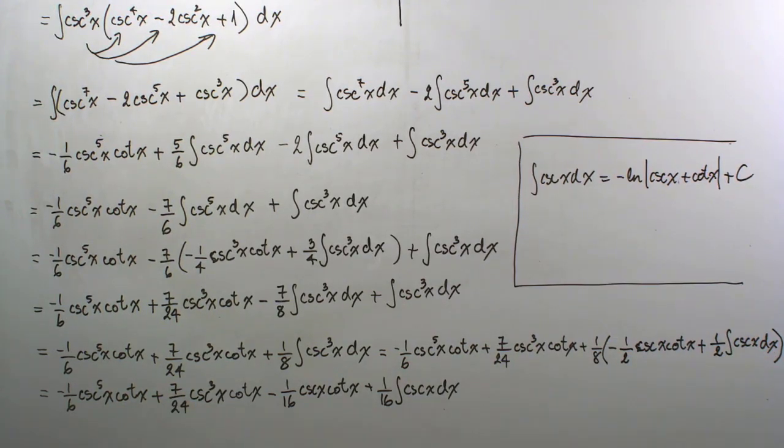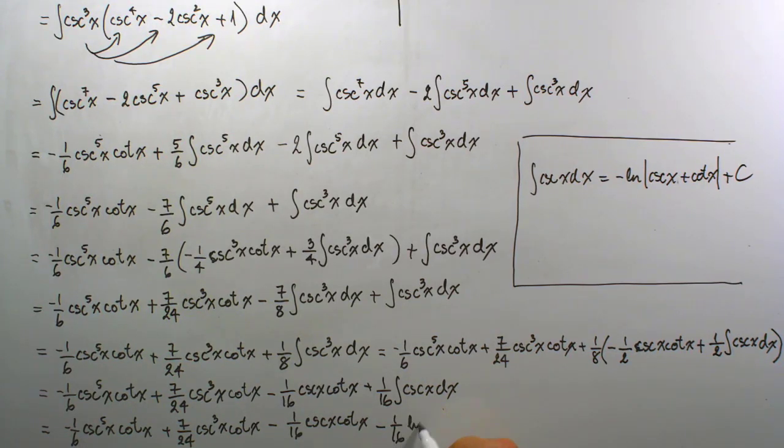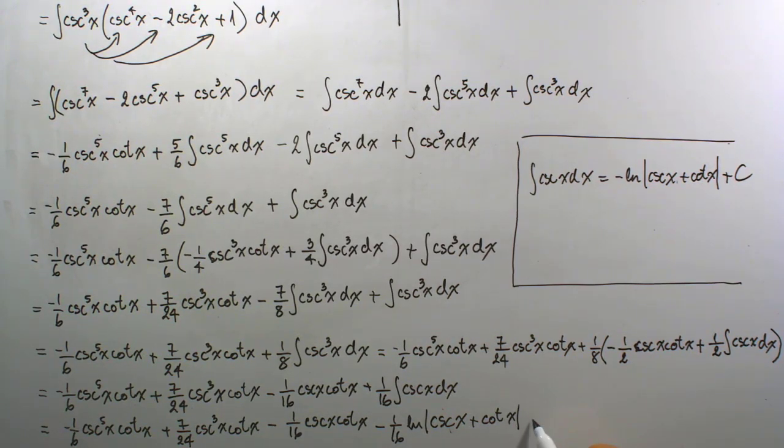So our complete integral is written as following. That's minus 1/6 cosecant to the 5th of x times cotangent of x plus 7/24 cosecant cube of x cotangent of x minus 1/16 cosecant of x cotangent of x, minus 1/16 natural log of cosecant of x plus cotangent of x in absolute value plus c.